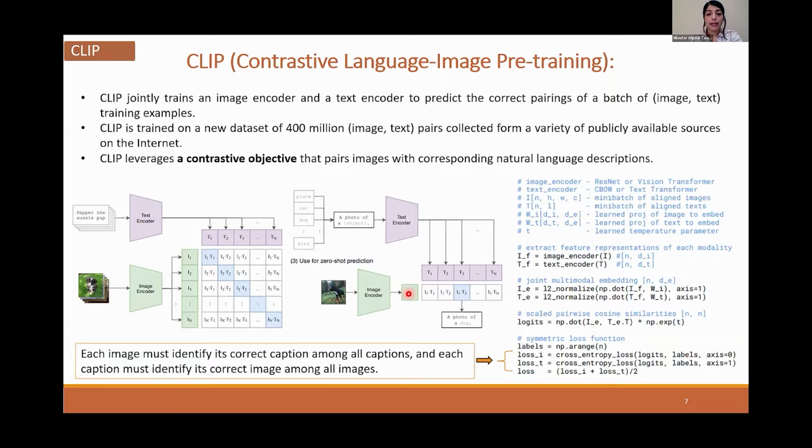But during inference, it's really simple. Consider that in the test set we have 5 different classes: plane, car, dog, something else, and bird. They consider only a simple template, a photo of the name of the class, and feed it to the text encoder.